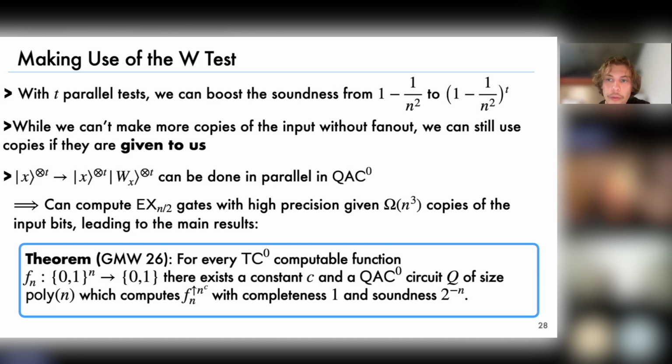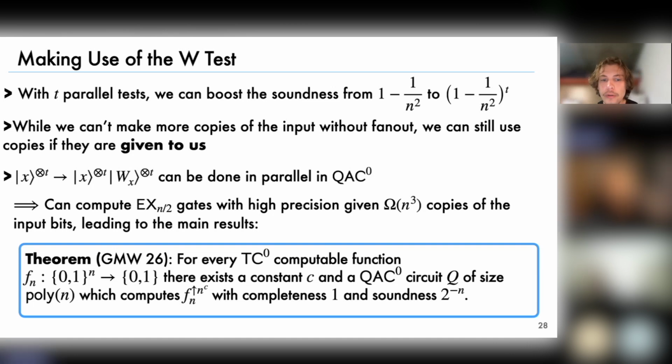Right. So the statement with a single copy is 1 over n squared soundness error, so 1 minus 1 over n squared soundness, and perfect completeness. But in the earlier case where I defined this f up-arrow function, we're only getting one copy of the input bits.